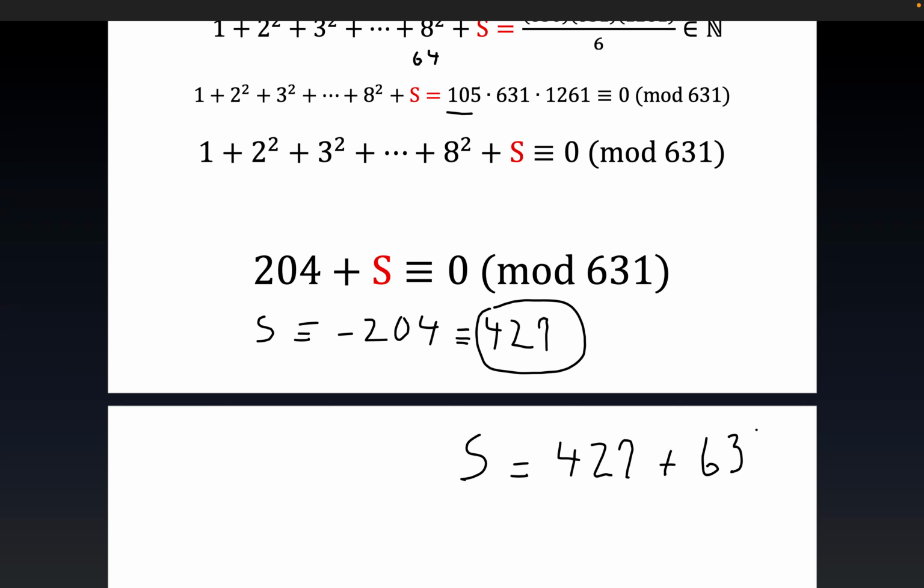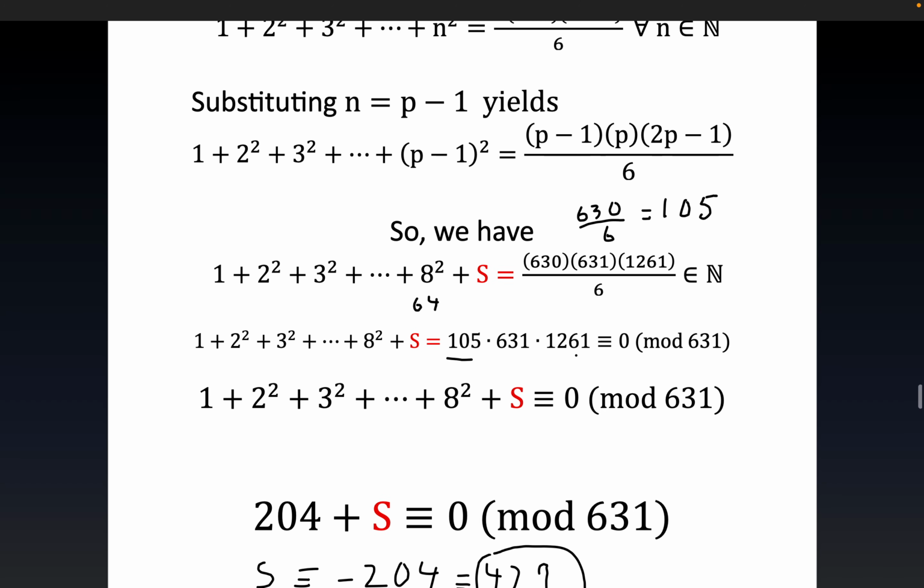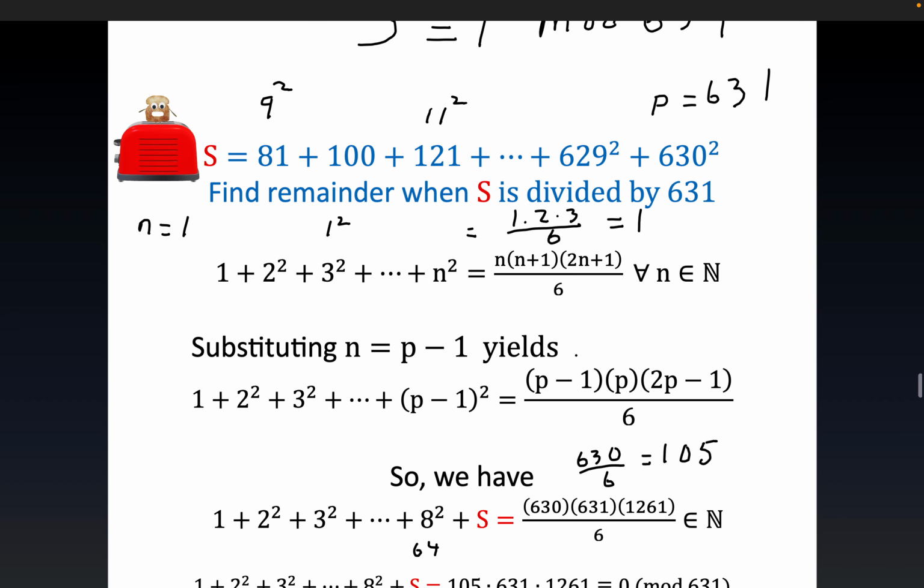Right? But that's exactly what we mean by remainder, right? When you divide 631 into S, we have no idea what this multiple is. That's the beauty of modular arithmetic. It'd be hard to compute this unless, I mean, we don't know what M is, but its existence is implied by modular arithmetic. Okay. So anyway, 427 is the answer to the problem, and I like modular arithmetic.